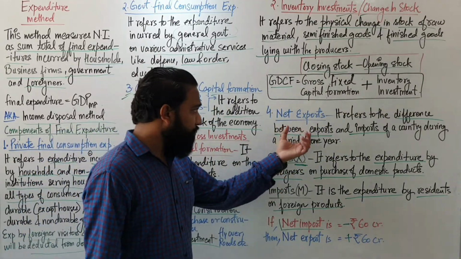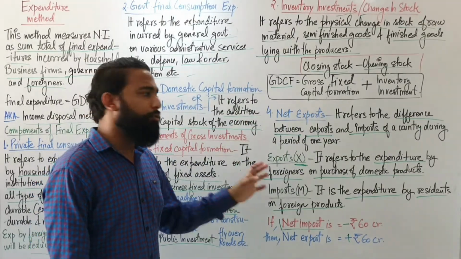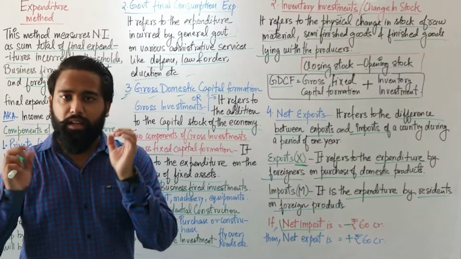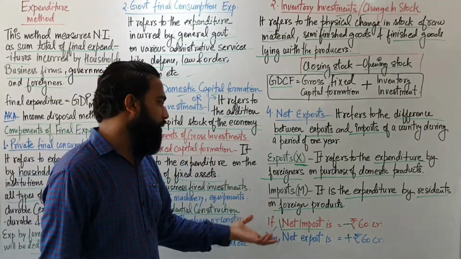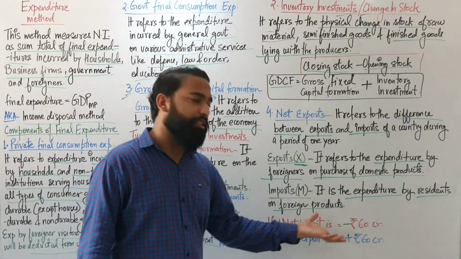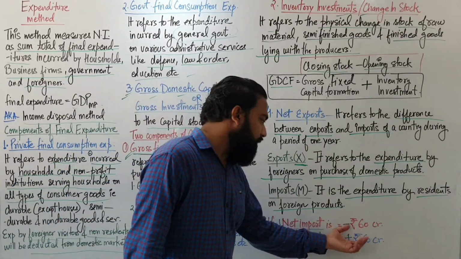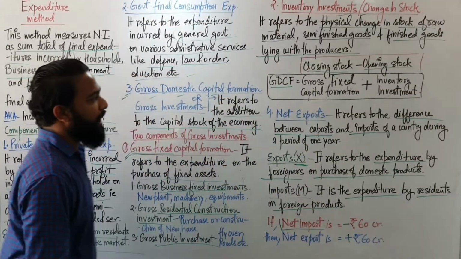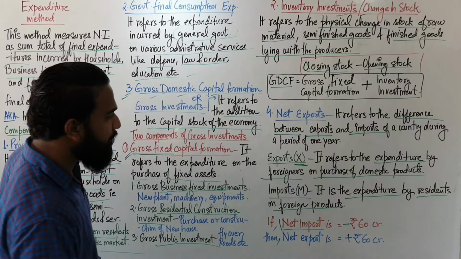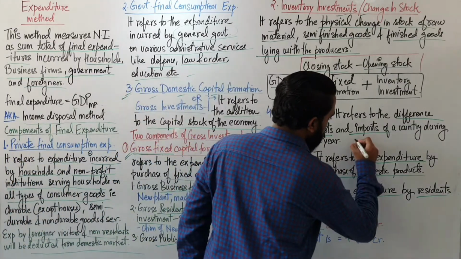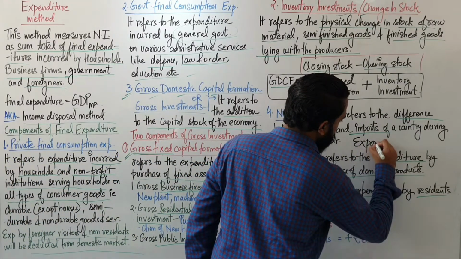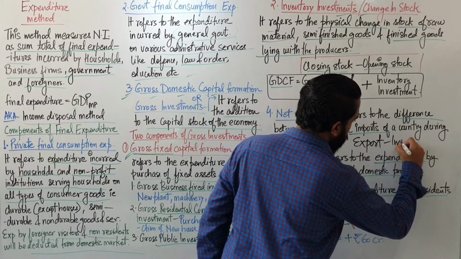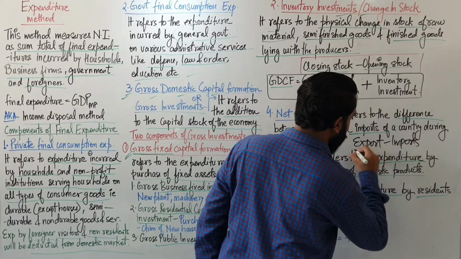If net exports is not given, you need to subtract imports from exports, or if net import is given, then you note down the same number but change the sign. So what is net export? Net export means exports minus imports.